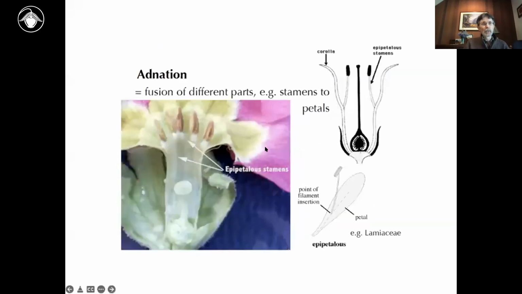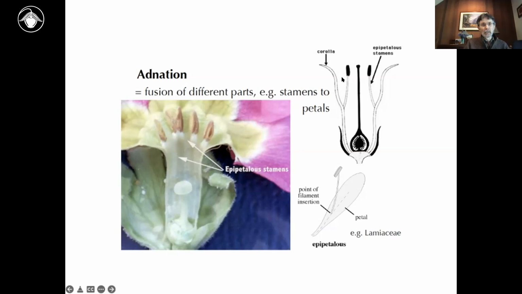And again, we can have fusion of different kinds of parts between the different whorls of the flower. So here we can see a really common type of adnation, as it's called, fusion between unlike parts, where we have the stamens fused to the inner surface of the petals. And this generally happens when the petals themselves are fused to one another.